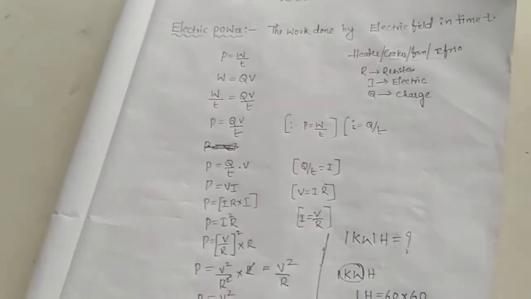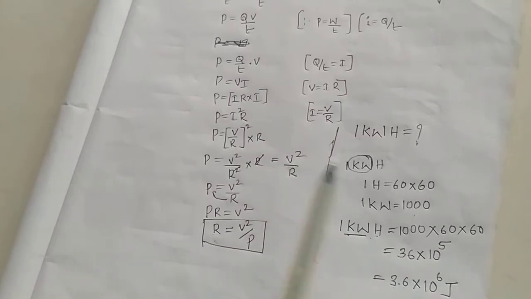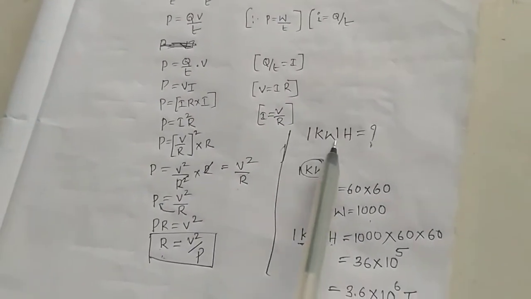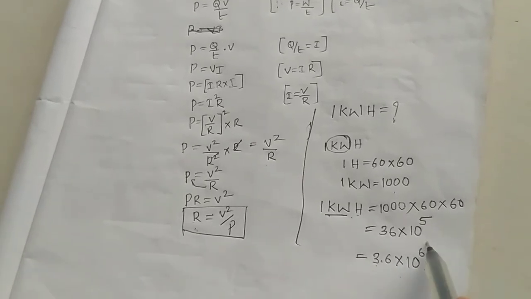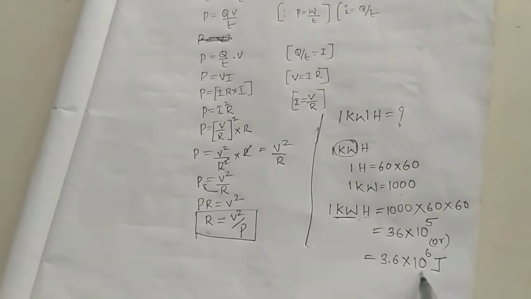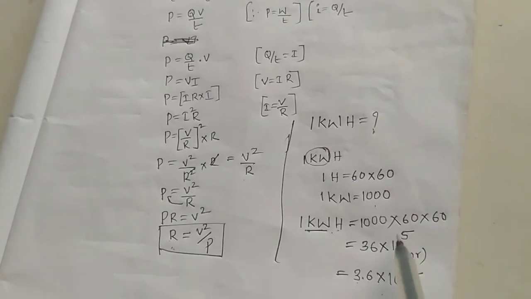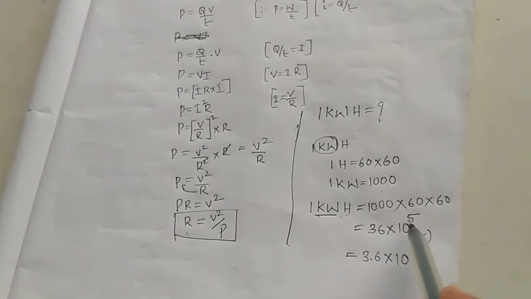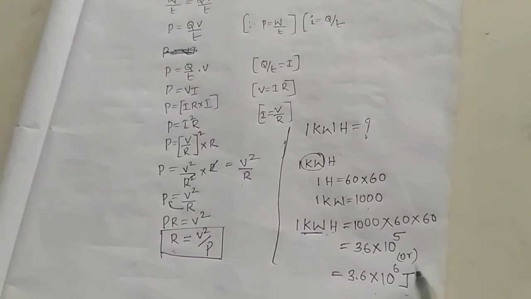We obtained this by applying the electric current formula and Ohm's law, and finally we get 1 kilowatt hour equal to 36 into 10 to the power of 5, or 3.6 into 10 to the power of 6 joules. If we shift the decimal point, the power changes, so with the point placed here, 5 becomes 6.